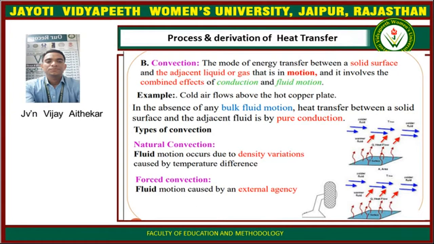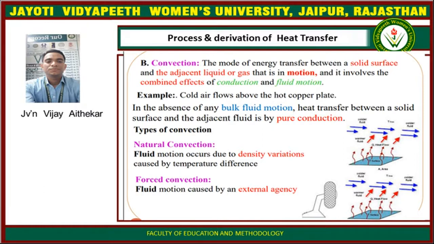Convection is the mode of energy transfer between a solid surface and the adjacent liquid or gas that is in motion. It involves the combined effects of conduction and fluid motion. Cold air flows above a hot copper plate. In the absence of any bulk fluid motion, heat transfer between a solid surface and the adjacent fluid is pure conduction.